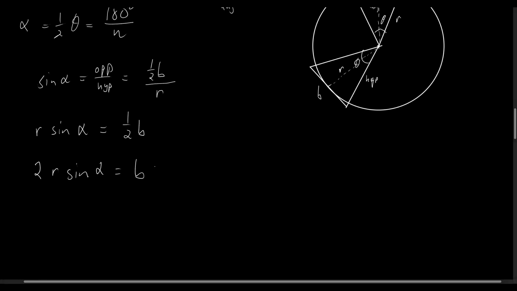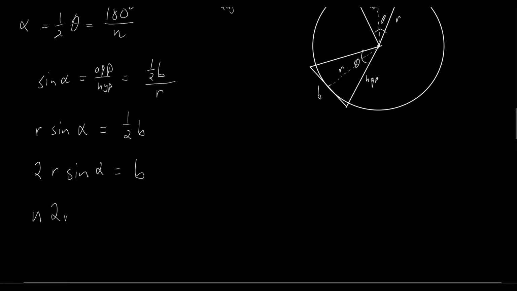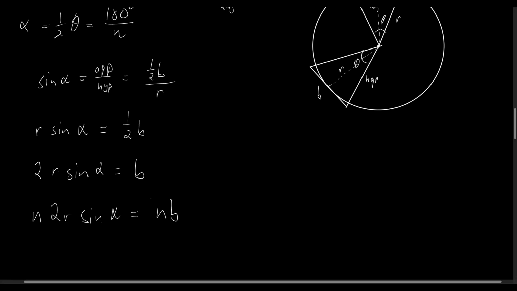And of course, for the number of sides of that polygon, we'll get our circumference, or the perimeter of that polygon. So what we have here, we'll times this by n. So we'll have n times 2r sine alpha. So this will give us the perimeter of the polygon, right?